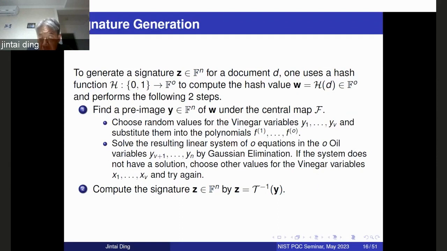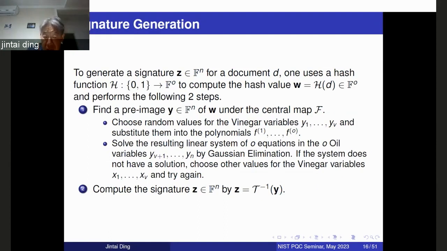It is very much inspired by the linearization attack, which means we randomly choose values for the vinegar variables. We just randomly guess the values and substitute them into the polynomial system F1 to Fo. Afterwards, the resulting system is actually a linear system.